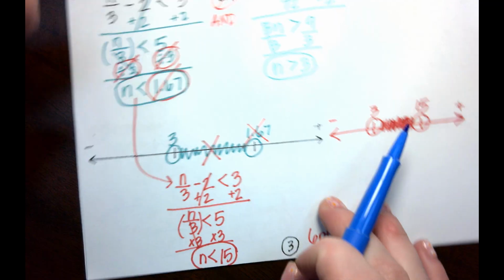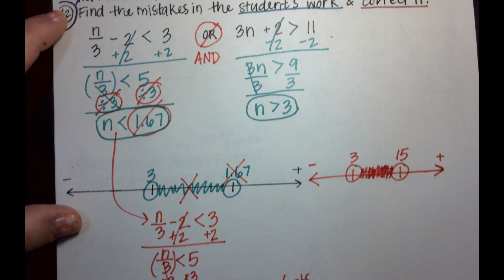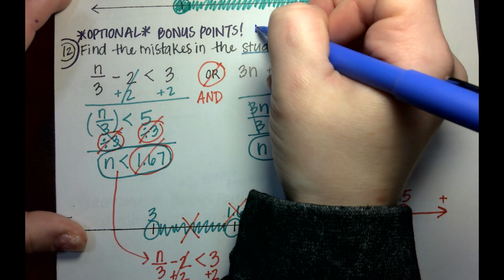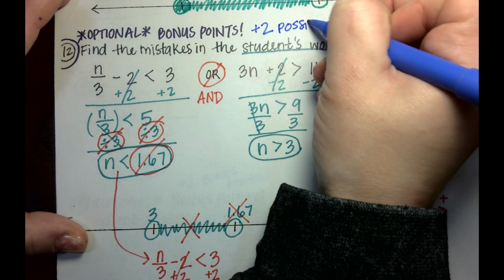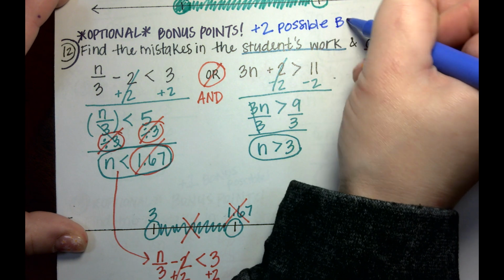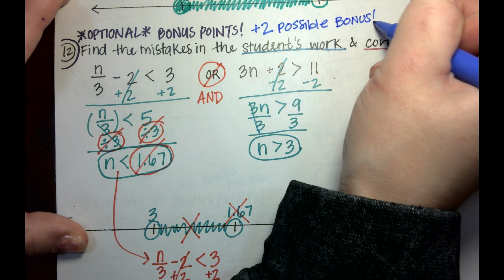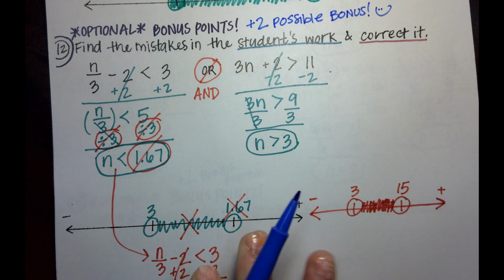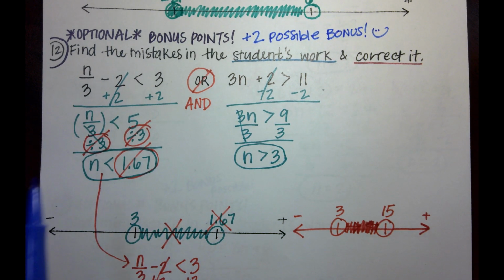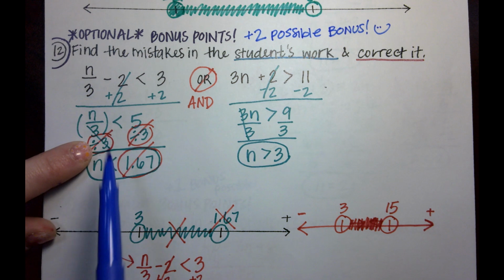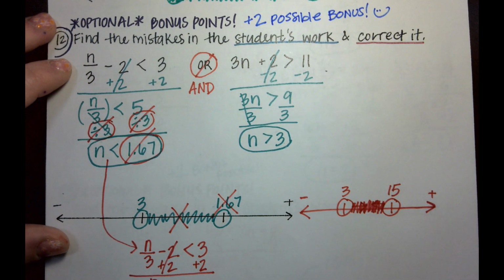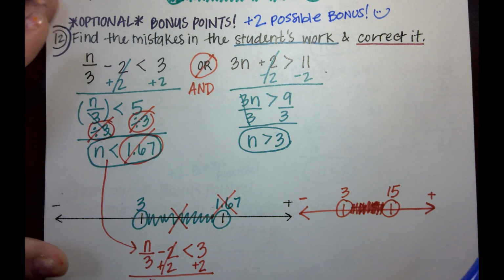And then the other bonus question, because there's more to correct, this one is worth up to 2 bonus points. If you correct different parts, 0.5, 0.5, fixing it, another 0.5, 0.5.